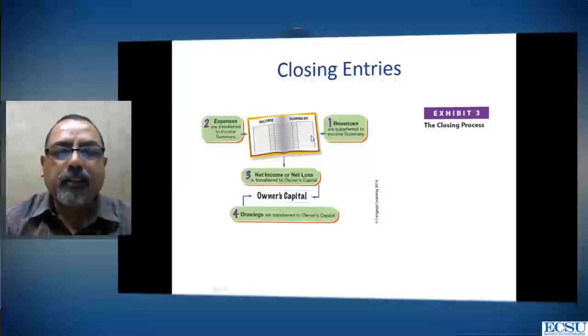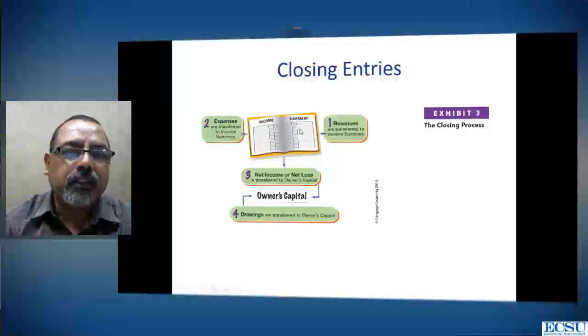As you know, each journal entry has to have a debit and a credit. So to close the revenues, I will be debiting the revenues and crediting the income summary. For expenses, I will be debiting the income summary and crediting the expenses so that I close them.